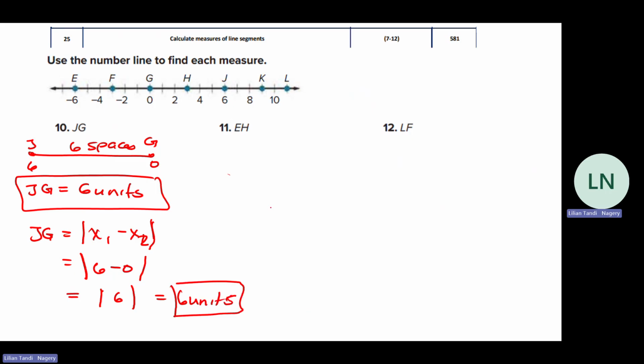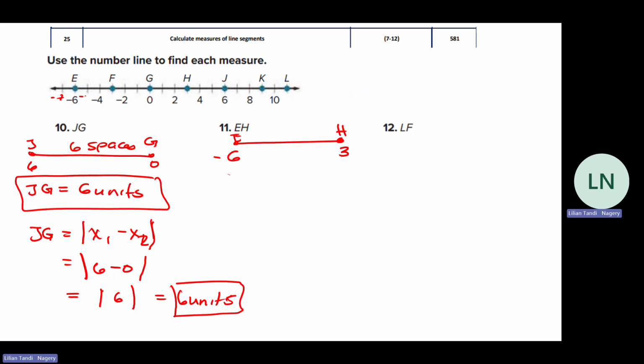What's your answer? E to H. E is negative 6. H is 3. How do I know?